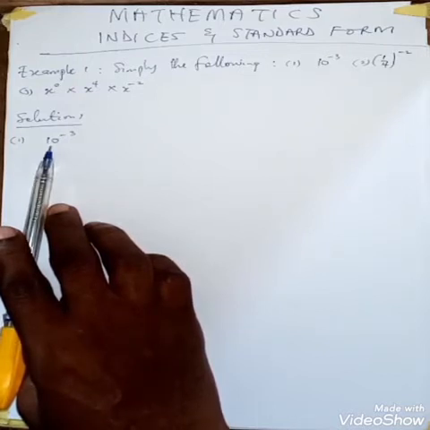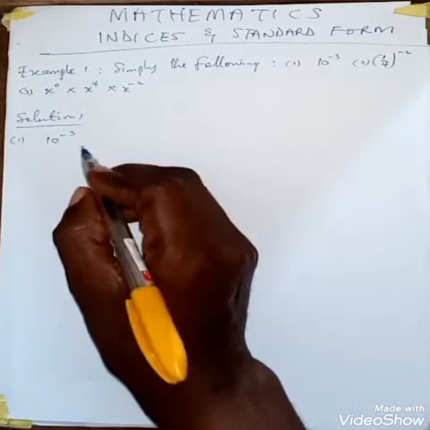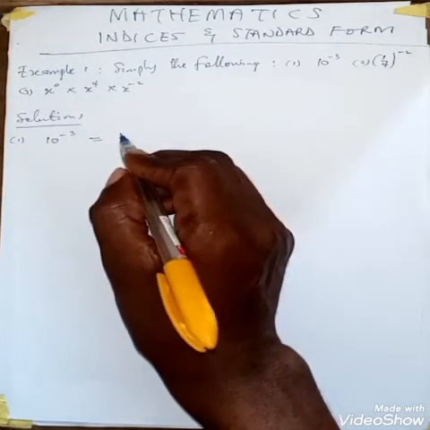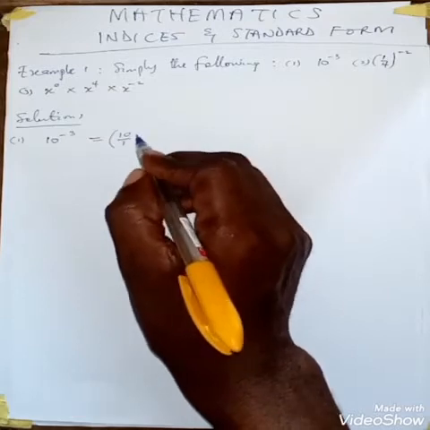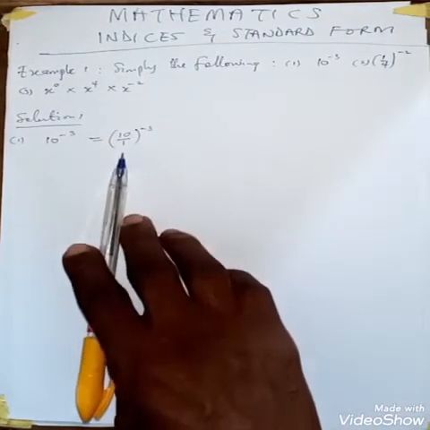It is possible at times that the number given to us is not a fractional number. Once it's not a fractional number, we force it to become a fractional number by re-expressing it as whatever number is given to us over 1. So this will now become 10 over 1, then everything raised to the power minus 3. That is the first thing which we have to do.